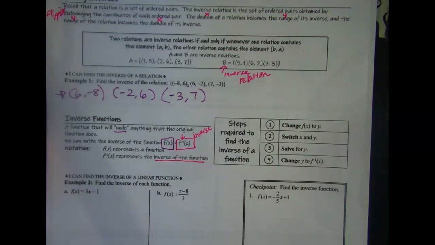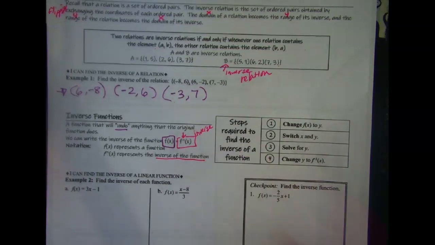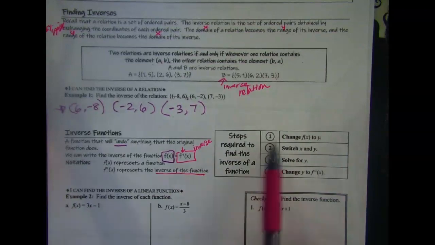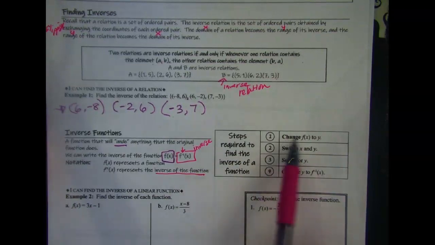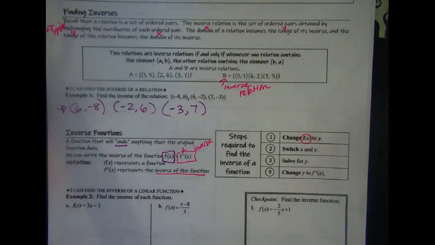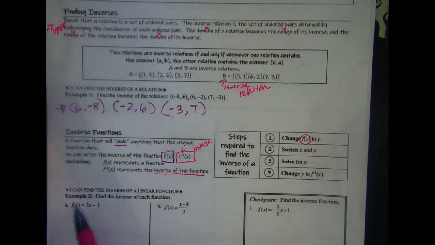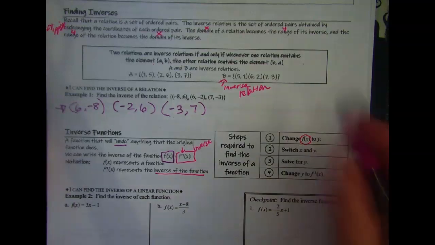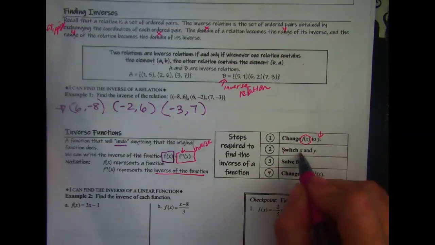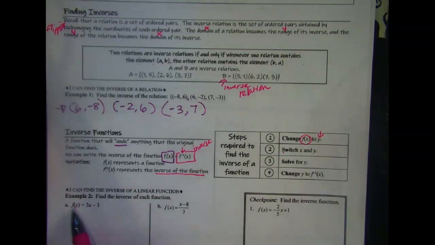So then let's look at the steps. When we are given a function or equation, we first change our f of x, the part that's usually hanging over to the left, to y. Then we switch the x and y spots. We're actually going to move the x over here and the y to where the x is.